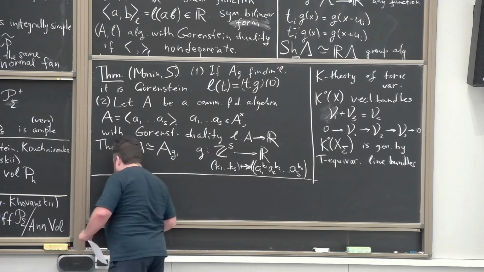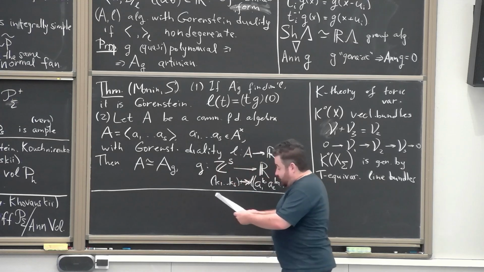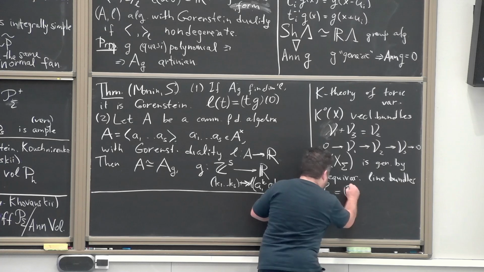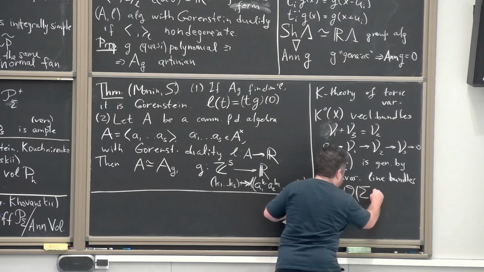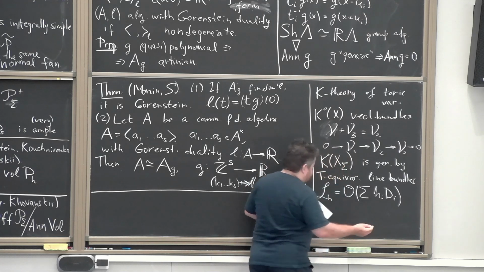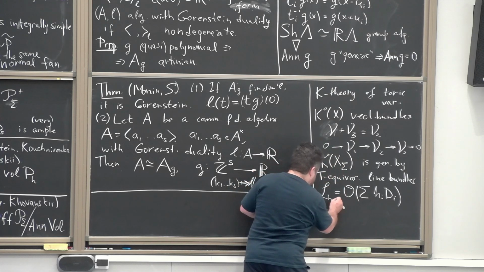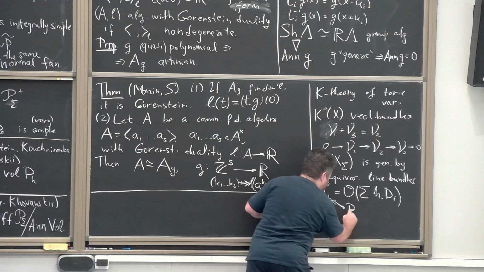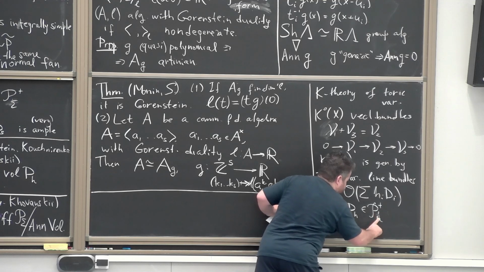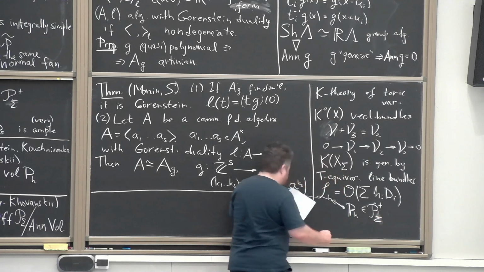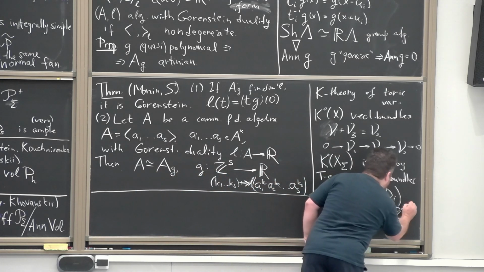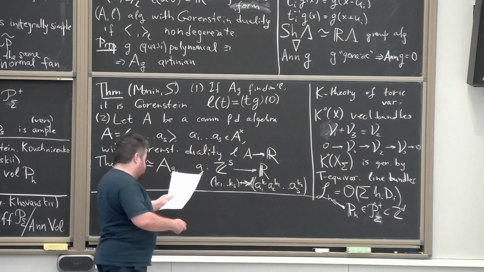A line bundle is almost the same as a divisor. The bundle LH, which is O of a divisor sum of hi Di, is ample if it corresponds to an actual polytope PH in the space of polytopes with a given normal fan, an integer polytope, right? Everything is integer in this case.